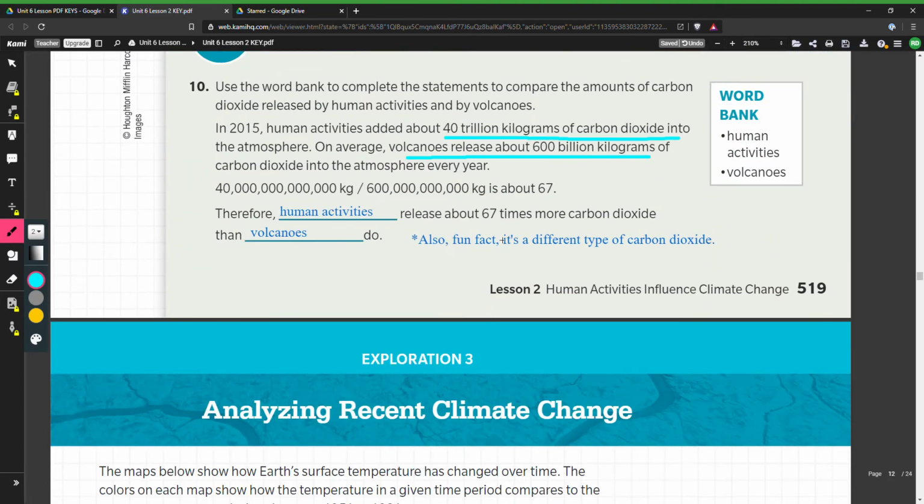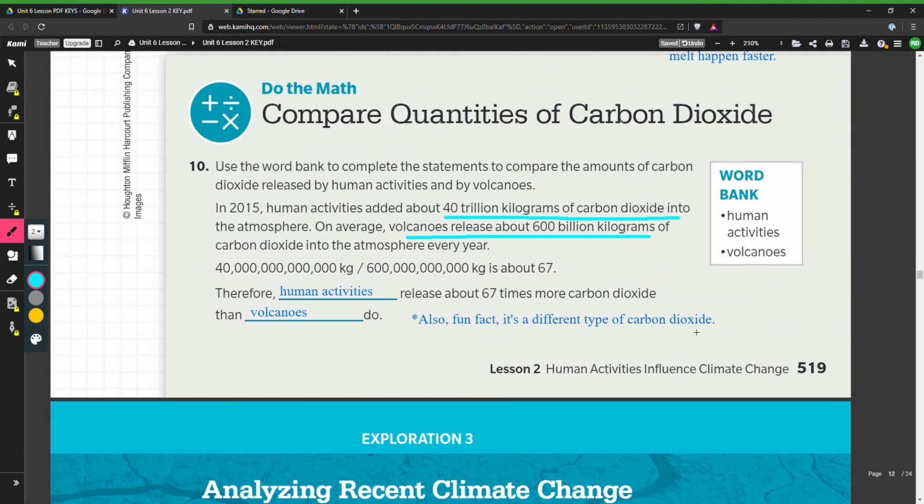Also, fun fact, the types of carbon dioxide. Carbon dioxide is made out of molecules, and if you remember elements, there are protons and neutrons in the middle, and then electrons on the outside. Inside the nucleus, the number of protons determines the type of atom it is, but there can be different numbers of neutrons, and those are called isotopes.